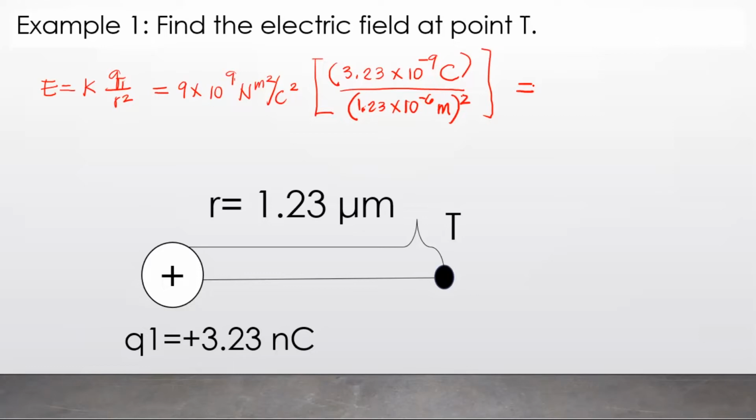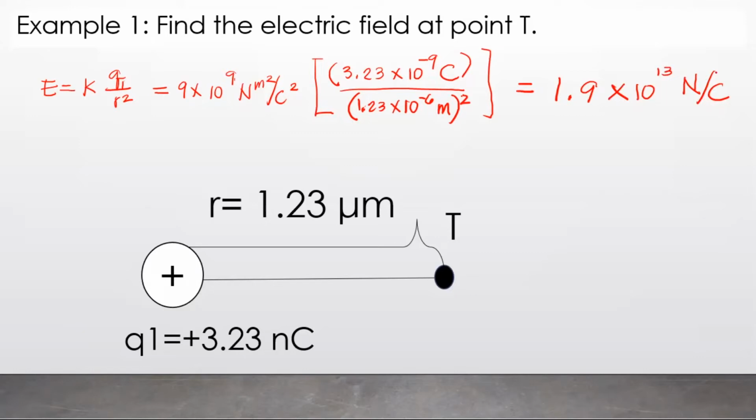If you have solved this in your seats, our answer, expressed in two decimal places, is 1.92 times 10 raised to 13 newton per coulomb. Again, the unit for electric field is newton per coulomb.